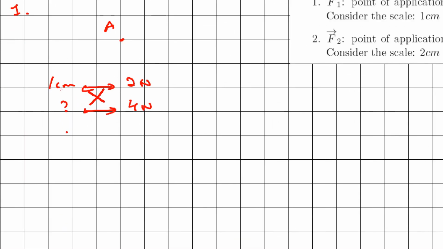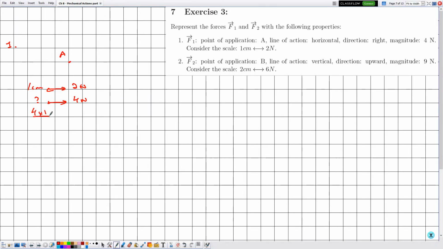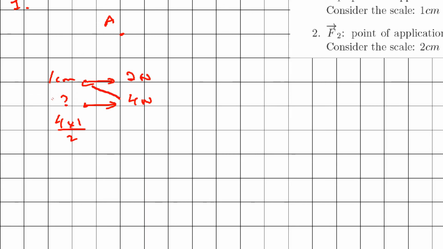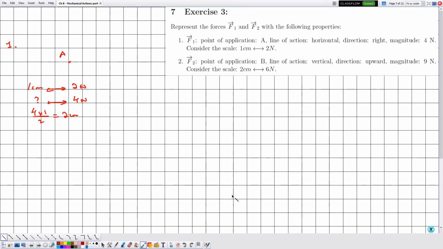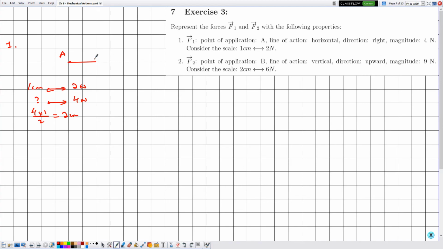If each 1 centimeter corresponds to 2 newtons, then 4 newtons corresponds to how many centimeters? Now if we crisscross, 4 multiplied by 1 divided by 2 is equal to 2 centimeters. Then the length of this vector is given by 2 centimeters. Then at the point A, there will be a force F1 acting horizontally to the right, of length 2 centimeters.